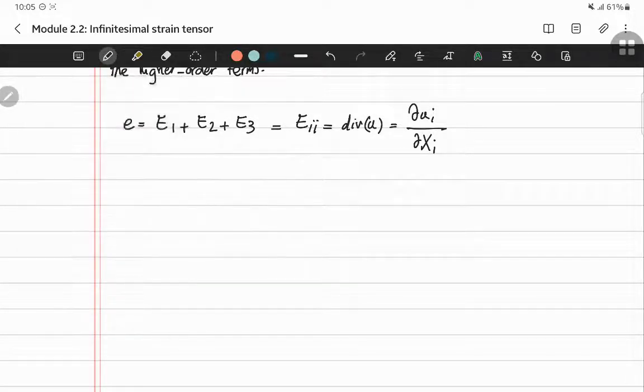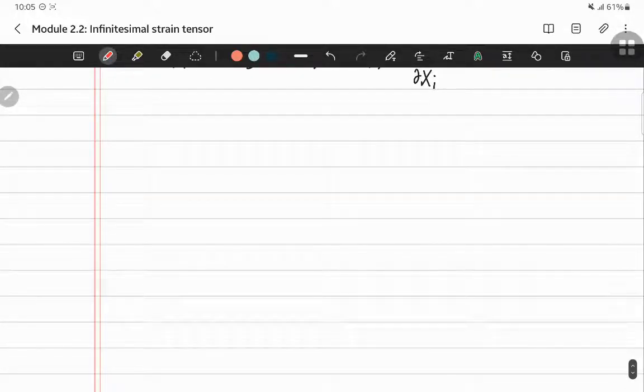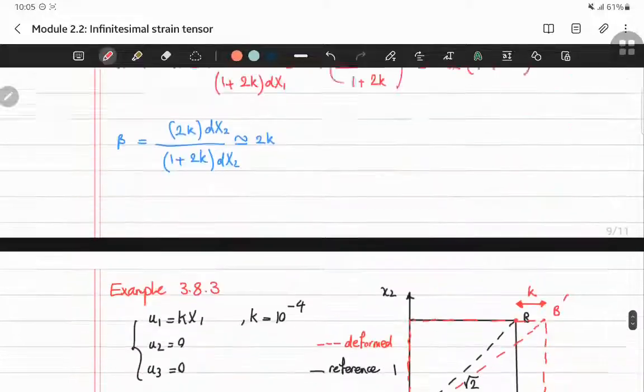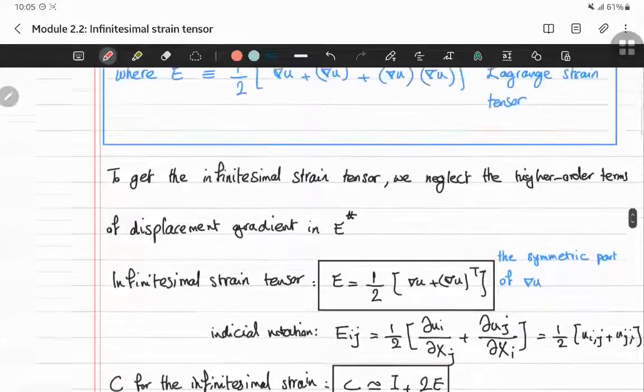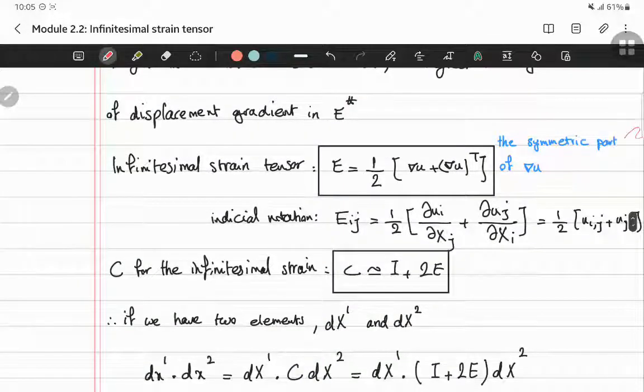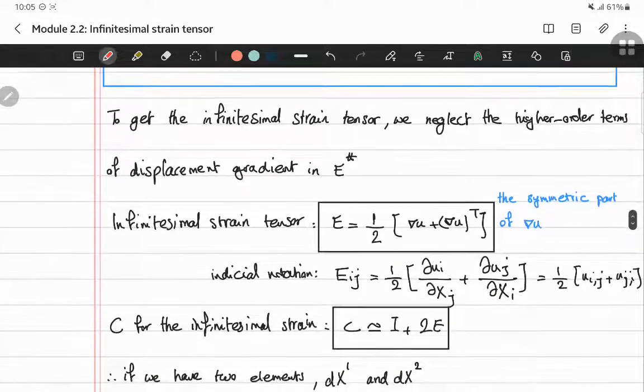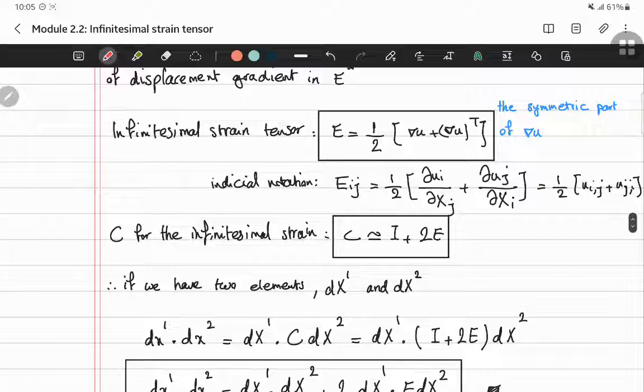So the final topic here is the anti-symmetric part of the displacement gradient, because we already mentioned that del u is a tensor, and every tensor can be written in the form of a symmetric and anti-symmetric tensor. The symmetric part was the infinitesimal strain tensor E, as we wrote it here.